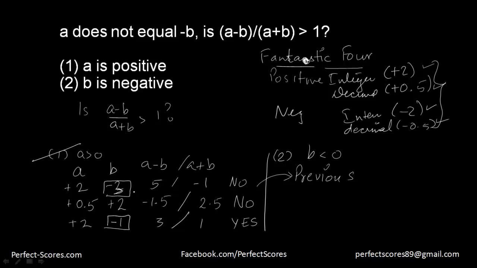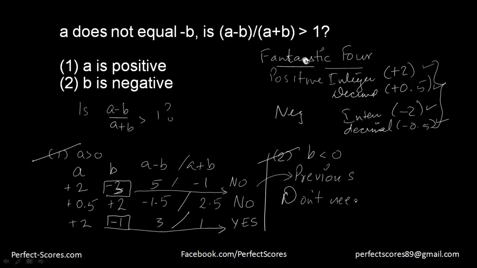And in one negative case, I am getting a no, and in another negative case, I'm getting a yes. Which means what? I'm getting a no also, I'm getting a yes also, even by using the same values for statement 2. That means statement 2 is also not sufficient, and I don't need to combine.